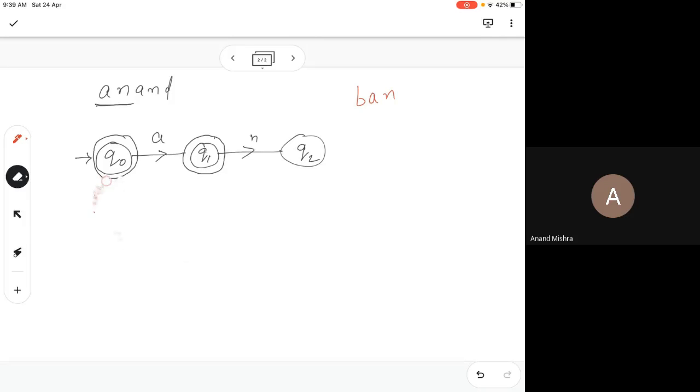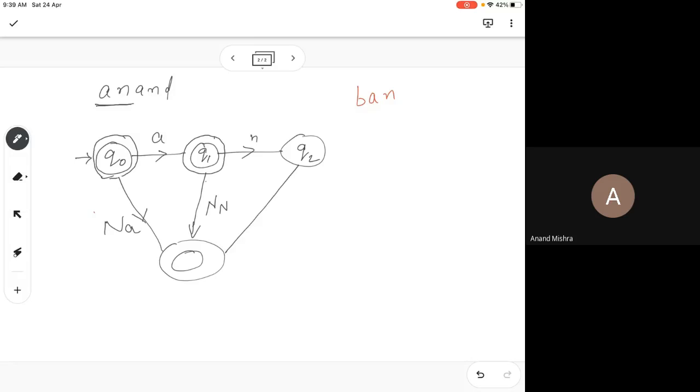So if there is anything else, let me move to black. If it is anything else other than A, it should go to a final state, right? Because it should recognize it. Anything else which is not N, it should go to the final state. And even after reading N, if you read anything else, it should recognize that as well.